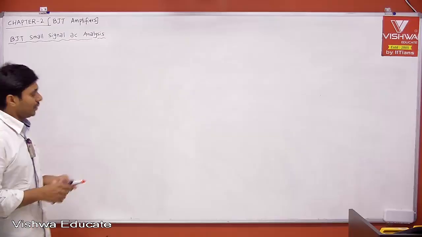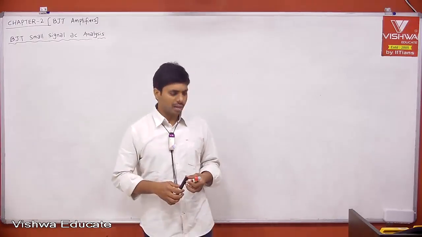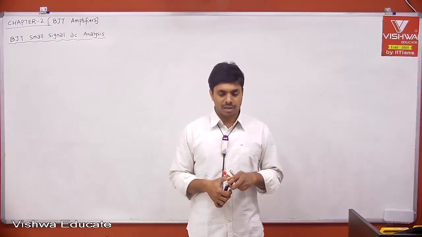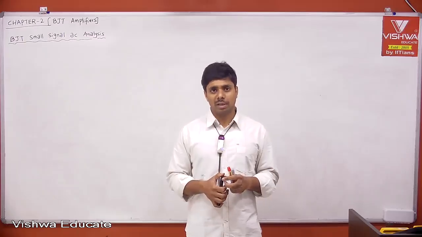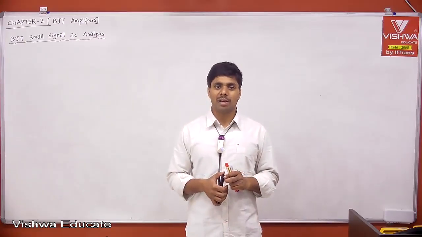Now, till now we have seen the H parameter model, and that is what we used for the BJT small signal AC analysis, right? But it has a limitation. The H parameter model has a limitation, and people explained something called the hybrid pi model.